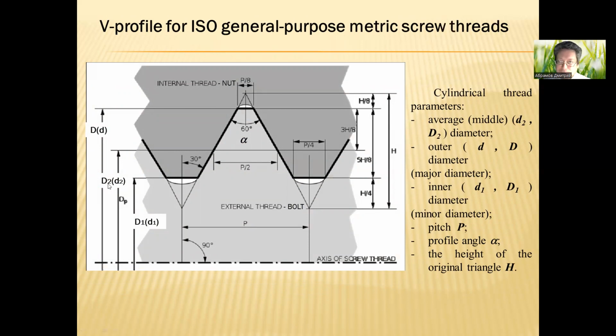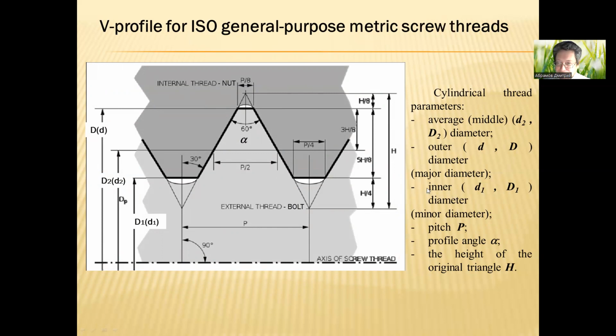Average or middle diameter, D suffix 2, small d suffix 2 and big D suffix 2. Outer diameter, D without suffix: small d for the external thread and big D for the internal thread, small d for the bolt and big D for the nut.